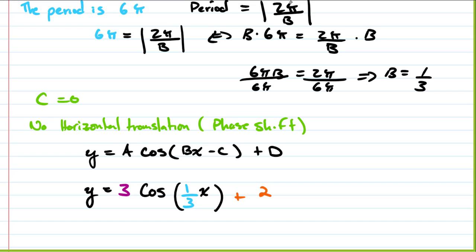So the formula that would graph that wave would be y equals 3 cosine of 1/3 x plus 2.